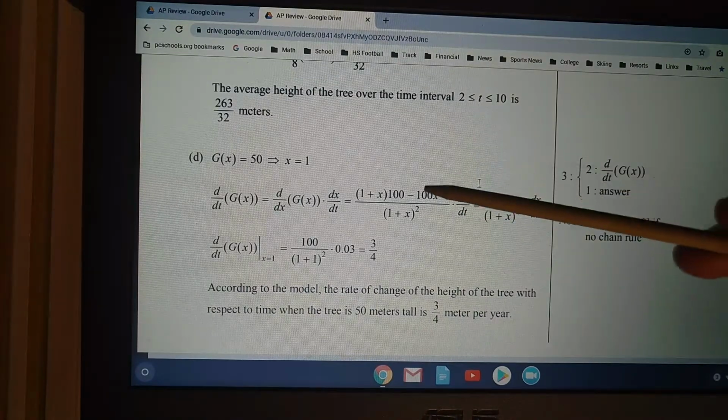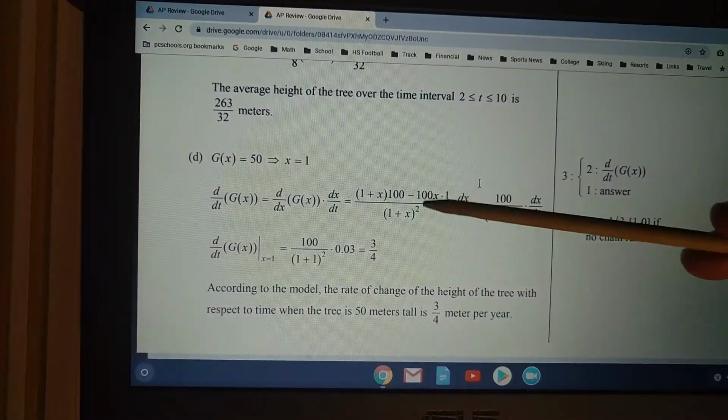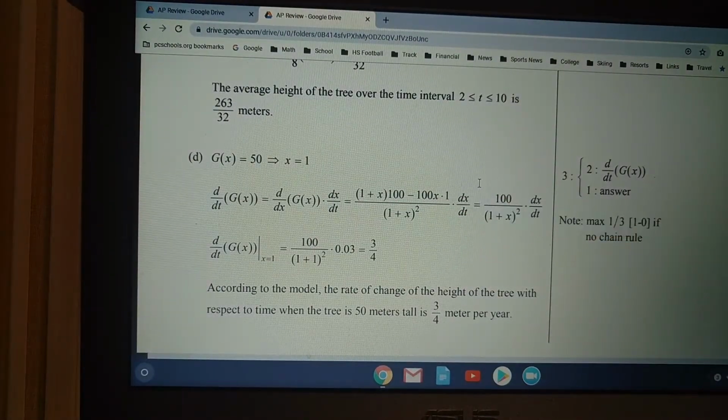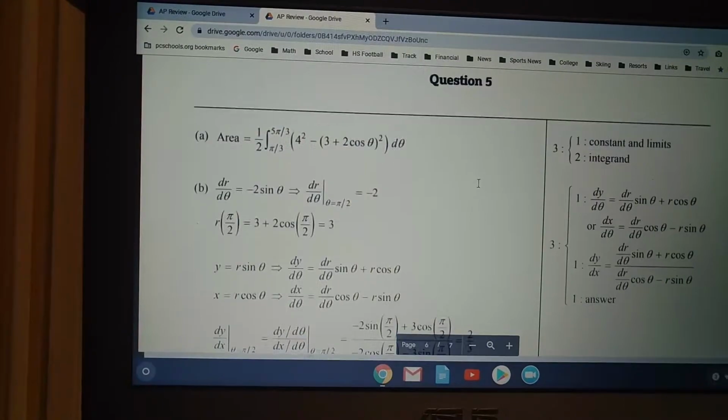So my guess is even if you did the derivative here and got just the derivative with respect to x, that'd get you 1 point, but that would be it. Can't get any more. And finally, filling in the values and evaluating, you get 3/4 with your answer. Okay, score that out of 9, and let's go ahead and let's look at number 5.